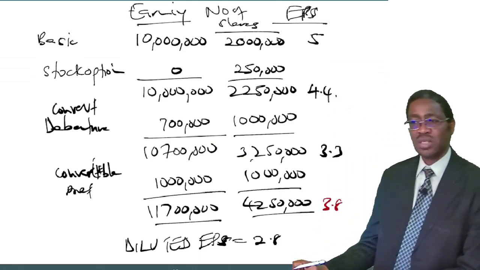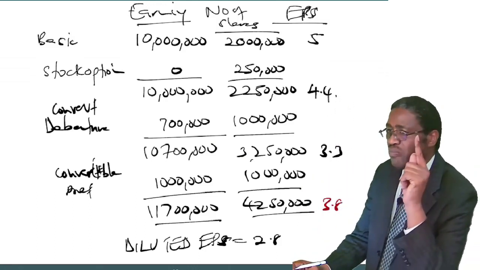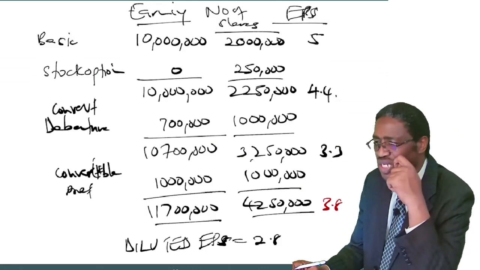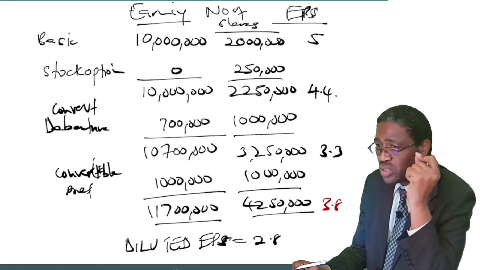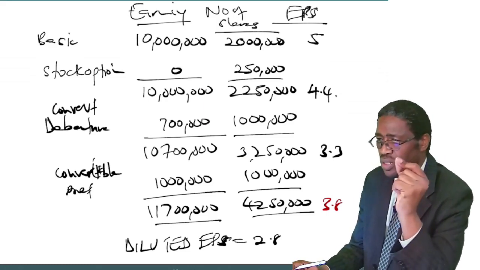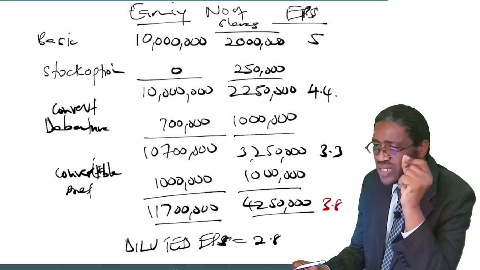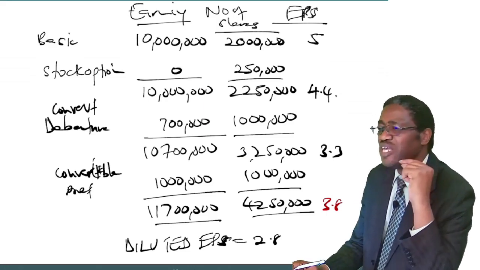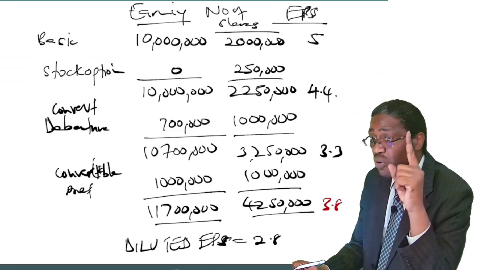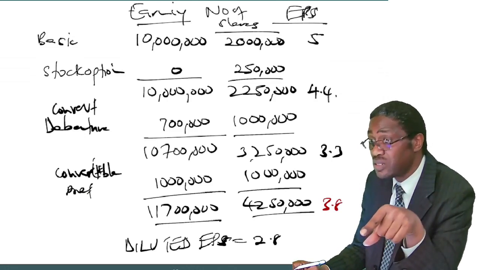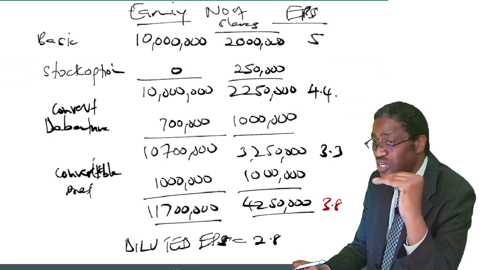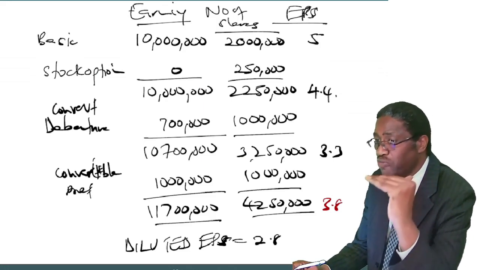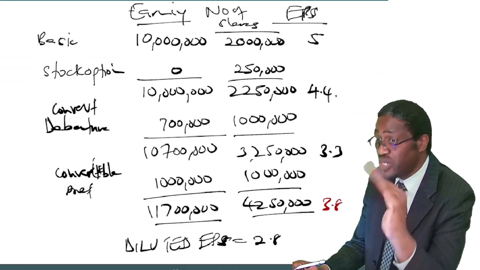Now listen to this. Here is a potential ordinary share called convertible preference, which instead of diluting the EPS, has made the EPS increase from 3.3 to 3.8. When I was putting in the others, they were diluting. From 5, we went to 4.4. From 4.4, we diluted it to 3.3.